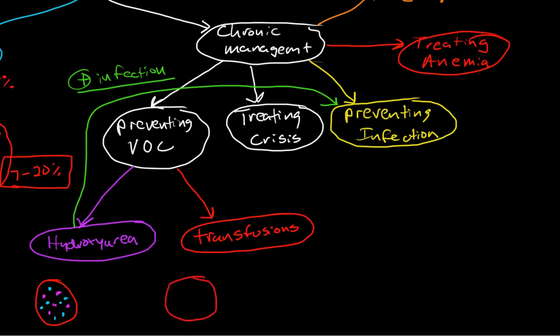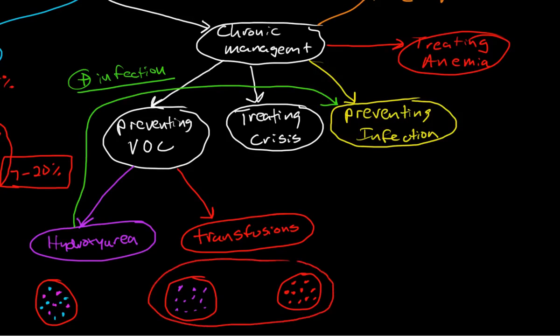With a sickle cell patient, all erythrocytes are filled with nearly 100% hemoglobin S, 97% or so. But if we give chronic transfusions, some of these red blood cells are going to have nice, healthy hemoglobin from the donor. This decreases the number of cells that can sickle, and this will decrease the number of crises that people have.